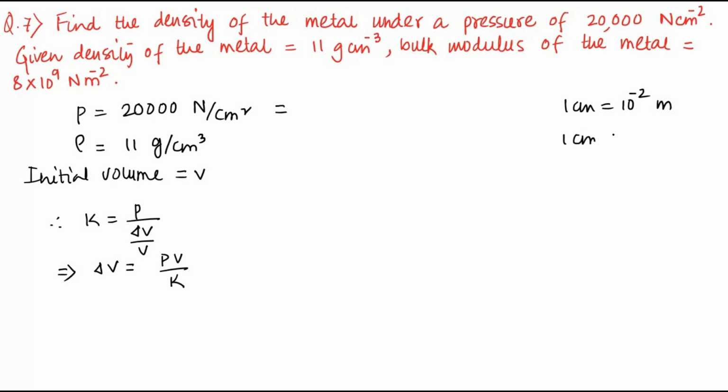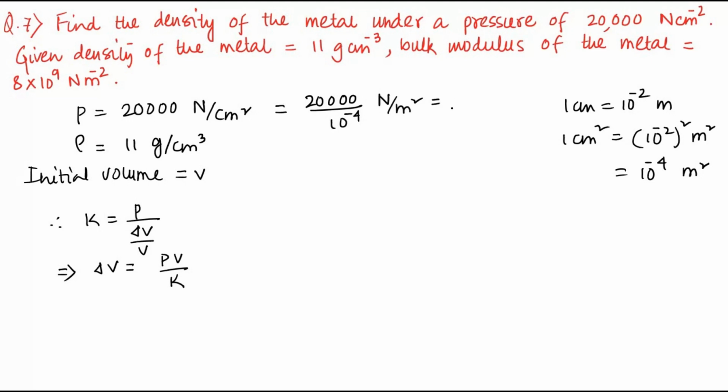So 1 centimeter square is equal to (10^-2)^2 meter square. That means this is 10^-4 meter square. So this would be 20,000 divided by 10^-4 Newton per meter square, which is equal to 2 × 10^8 Newton per meter square.